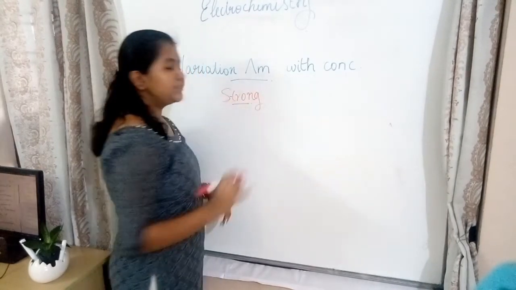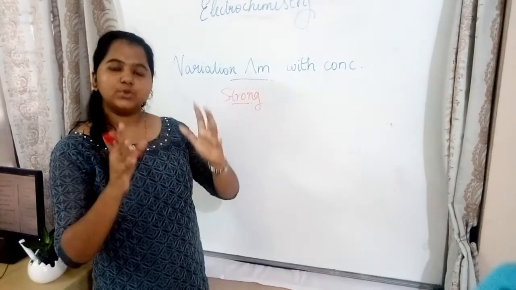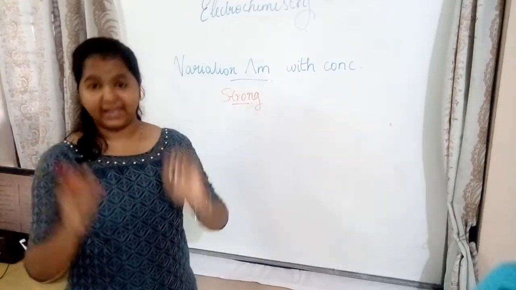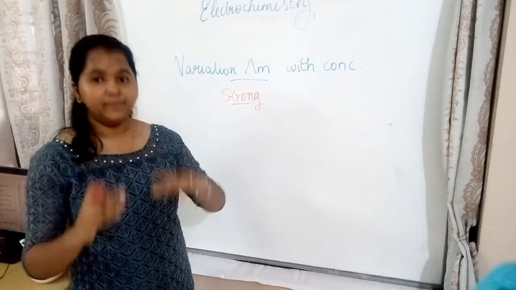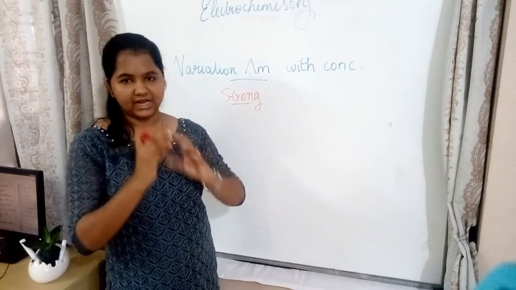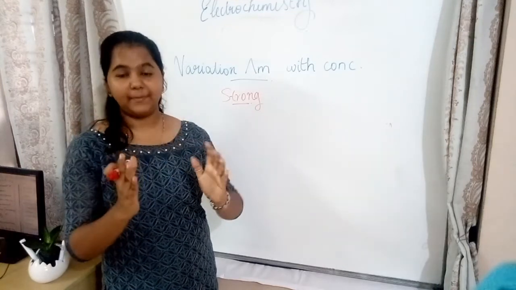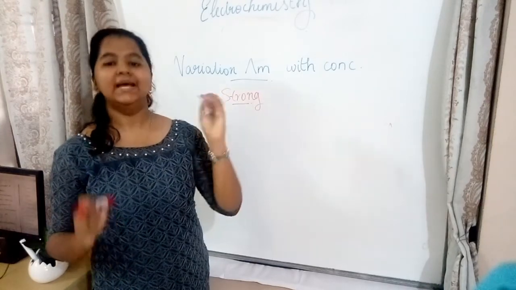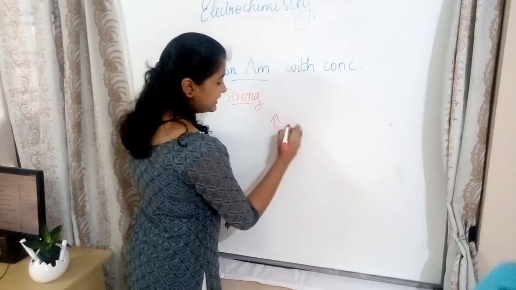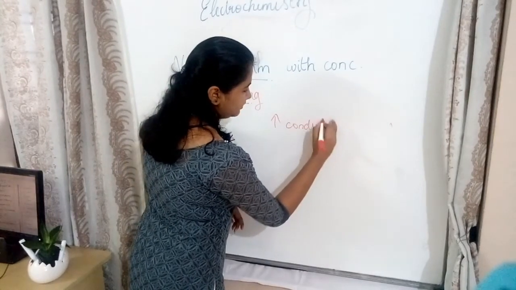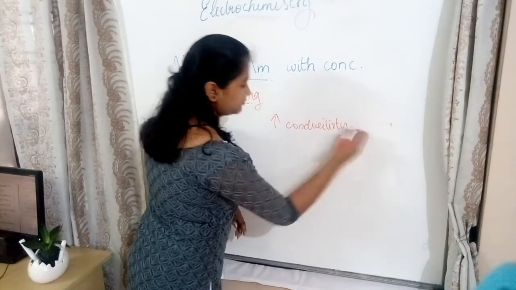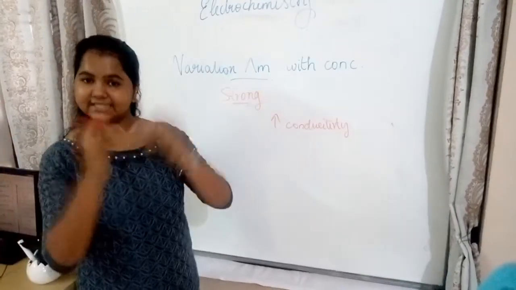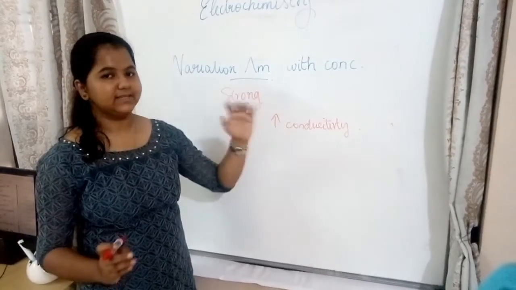A strong electrolyte dissociates at any concentration. As dilution increases, there is more space and lesser inter-ionic interactions between the ions. That allows free motion of the ions, resulting in increase in conductivity.